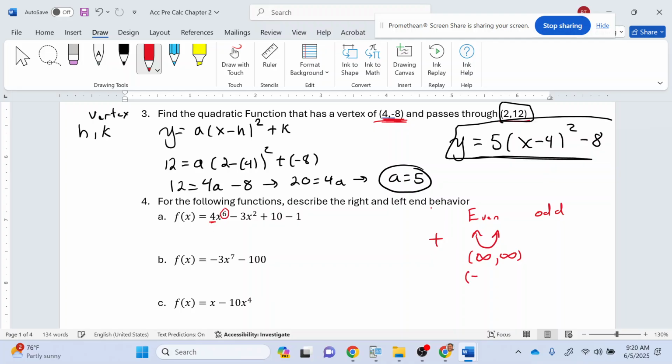As I go to the left, toward negative infinity in x, my arrow is also pointing up, so my y values are going to positive infinity.